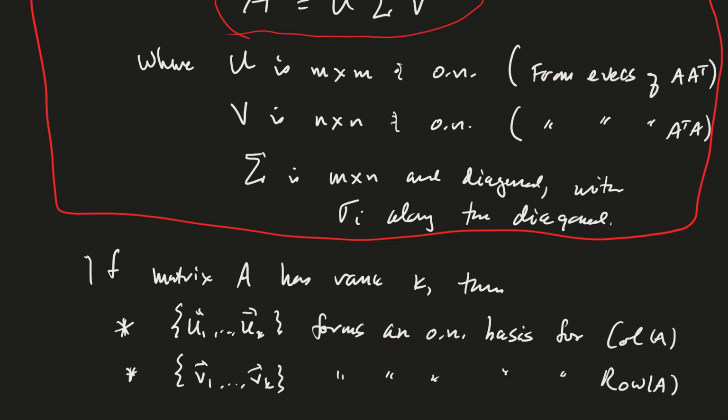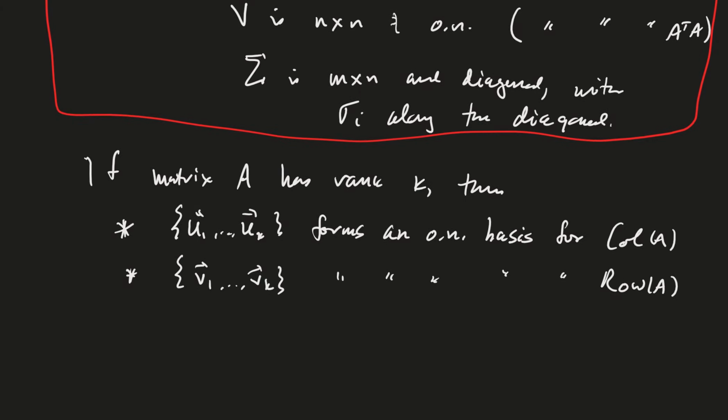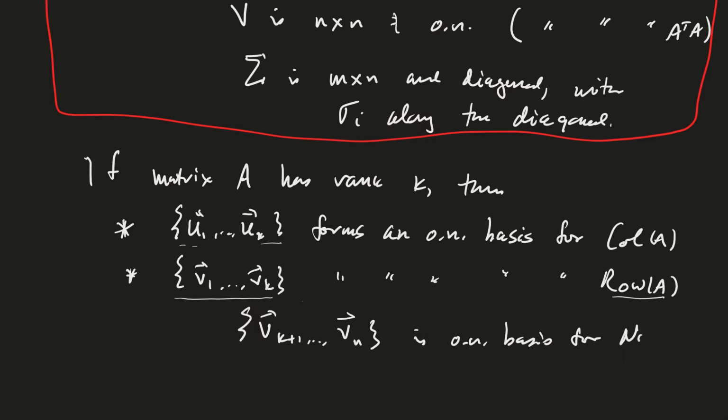And so right off the bat, remember the four subspaces. If I can find this singular value decomposition of the matrix A, then I have found an explicit description of all four fundamental subspaces. Because if this is the row space of A, then what can you say about the null space of A? It has an orthonormal basis of V K plus 1 up to V n.